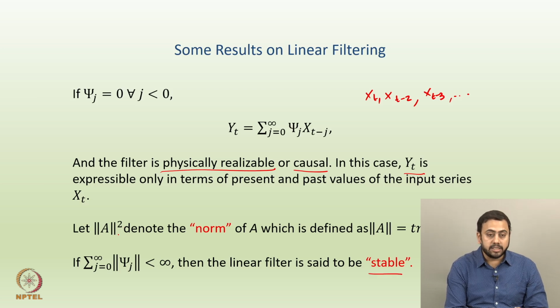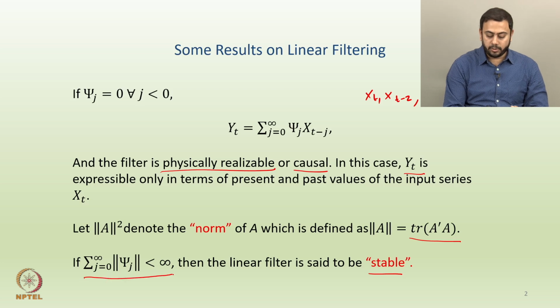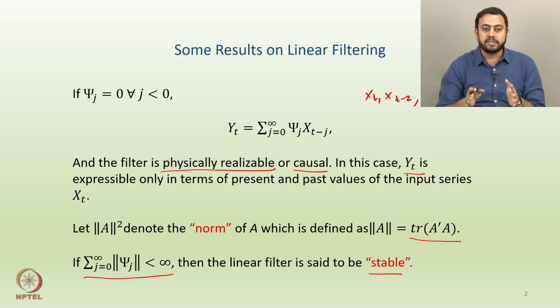Let this notation denote the norm of any matrix A, defined as the norm of A being the trace of A transpose A. So, if summation j going from 0 to infinity of the norm of psi j is finite, then we say that the underlying linear filter, given by this expression, is stable. This is just a small definition of when we say that a linear filter is stable, whenever this condition is satisfied.